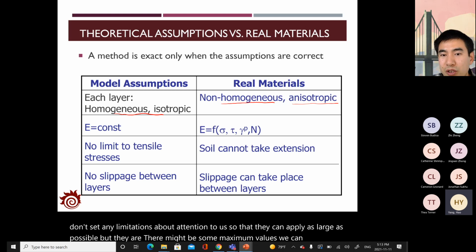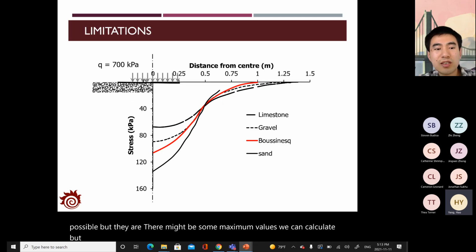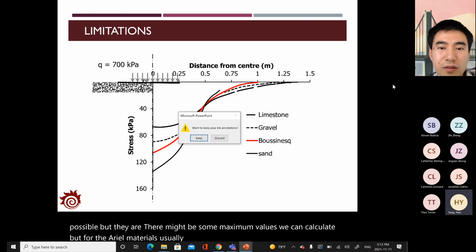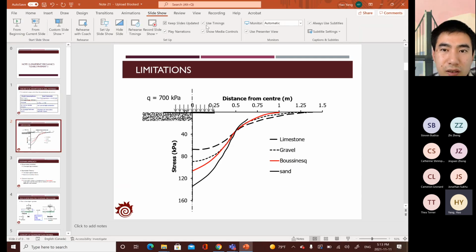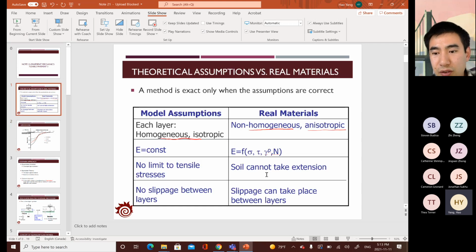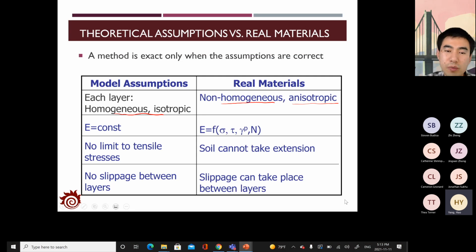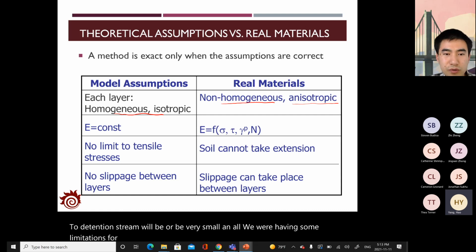But for real materials, usually the soil does not have any capability to extend, so the tensor strain will be very small, and we will have some limitations for you to set the tensor strain.